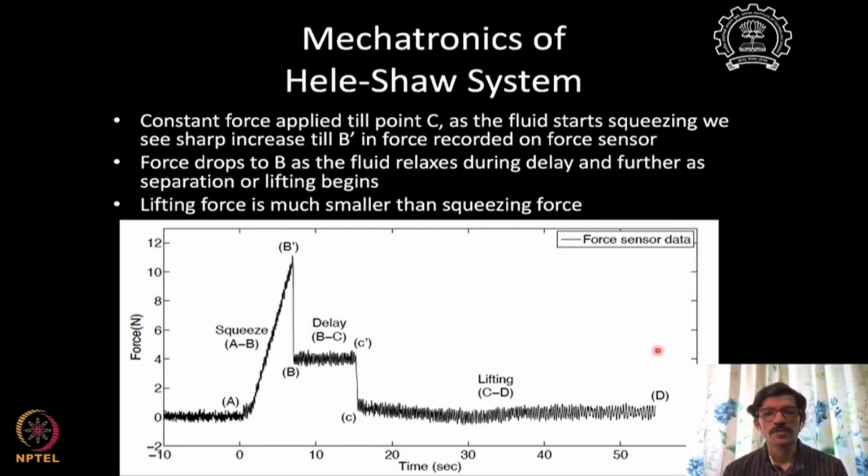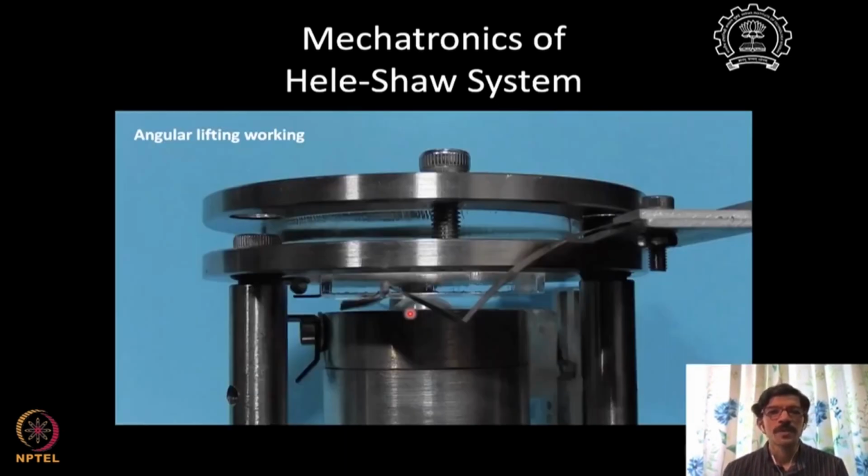As we go lower in thickness, our force will keep increasing. This is kind of obvious, but what is not obvious is how this force scales: how much more force I'll need to apply, or what the quantitative aspect of this is. That is a very different domain of fluid dynamics work.